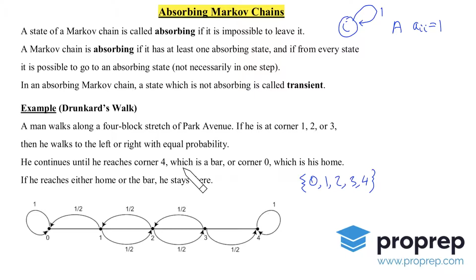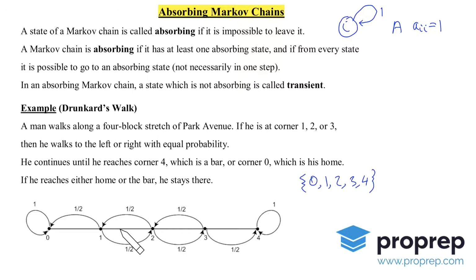Now, the rule is this. If he's not on one of the end corners, if he's in one of the middle ones, then he'll go either left or right with probability a half each, equal 50-50. From 3 he can go to 2 or 4. From 2 he can go to 3 or to 1.